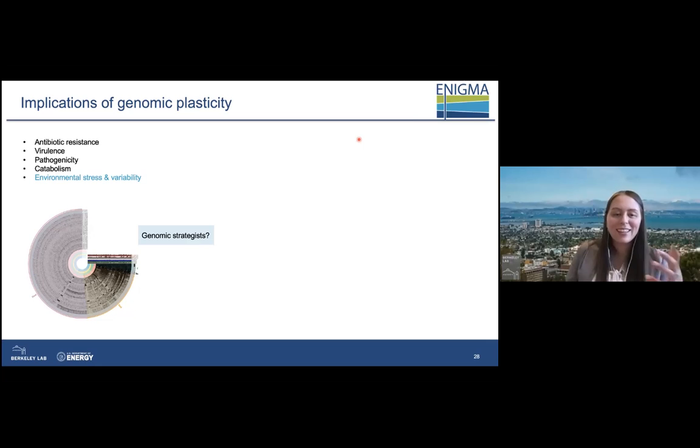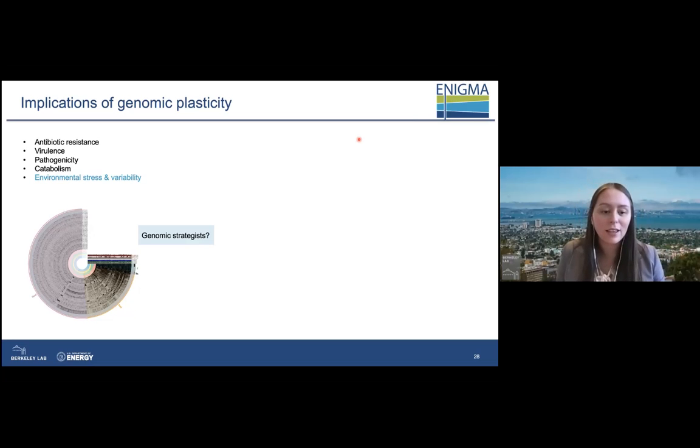And I like the term genomic strategist here, because in classic competition in microbiology, we talk about K versus R strategists. Are these organisms using their speed of metabolism to be able to outcompete?